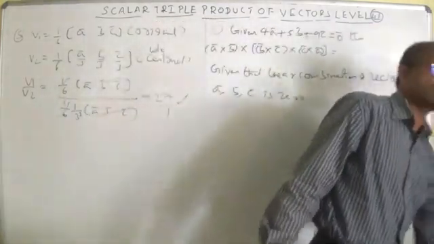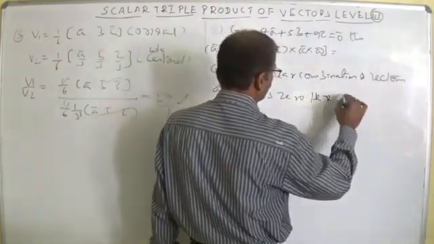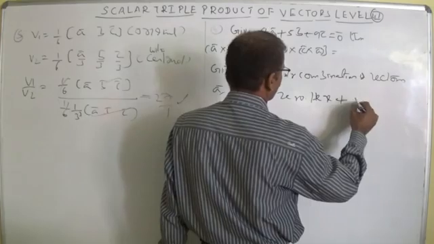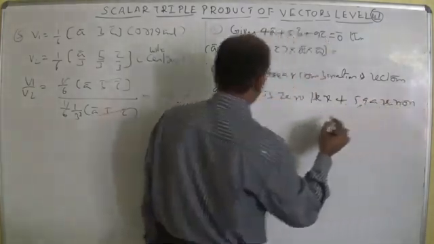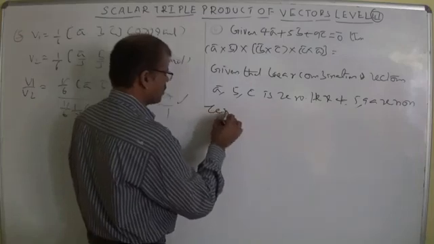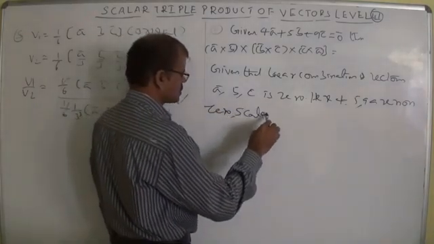So in the combination given here, 4, 5, 9 are non-zero scalars.